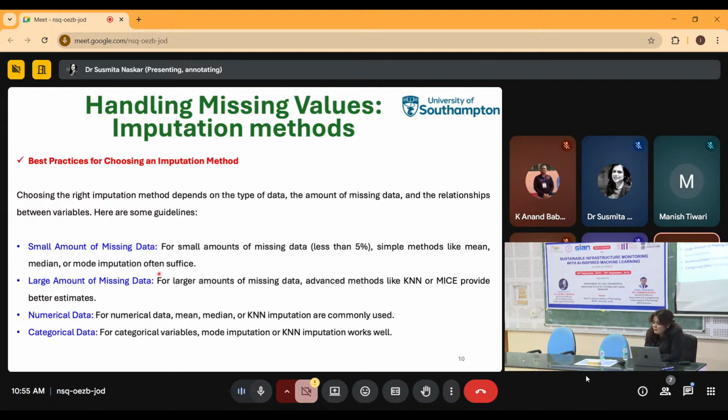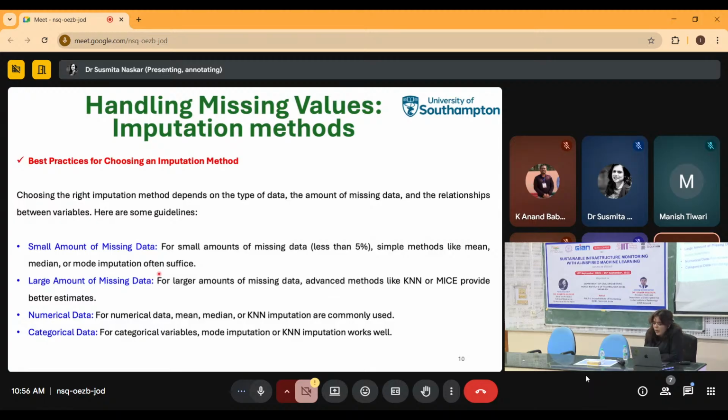But when it's large missingness, then you have to move beyond the simple single-feature cases. Then you have to use methods like KNN or MICE to leverage other features and preserve the relationships. MICE also reflects uncertainty by pooling the multiple imputations. You also have to deal with uncertainty quantification depending on how much data is missing, right?